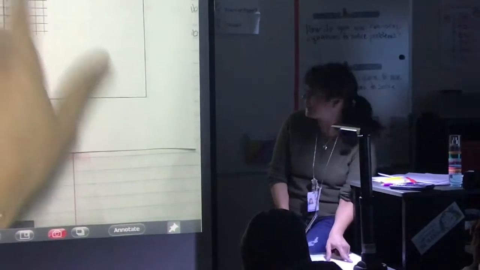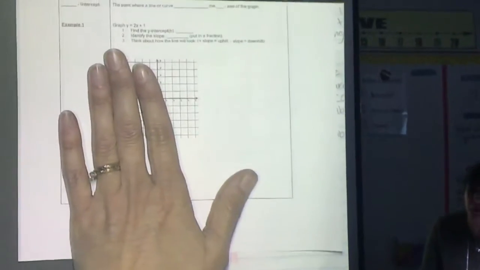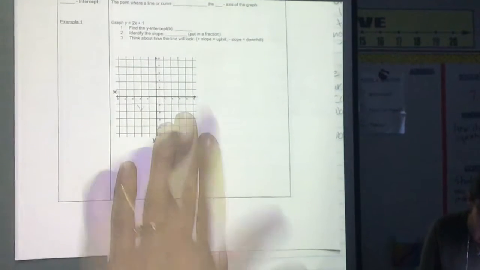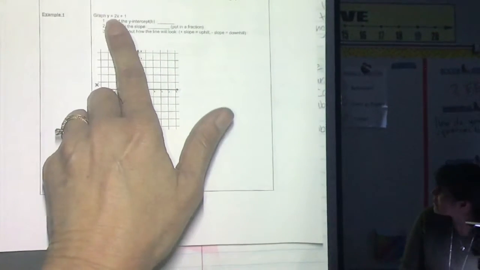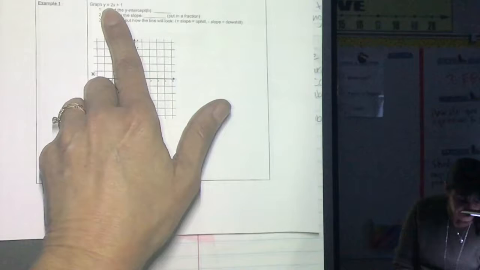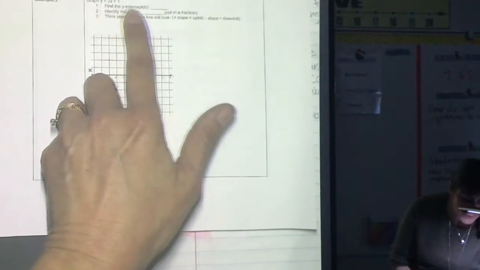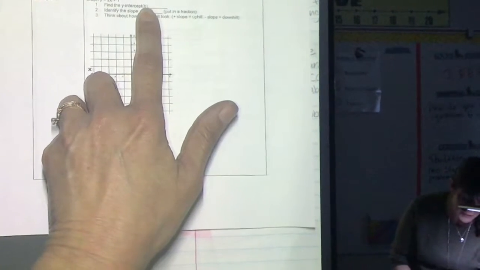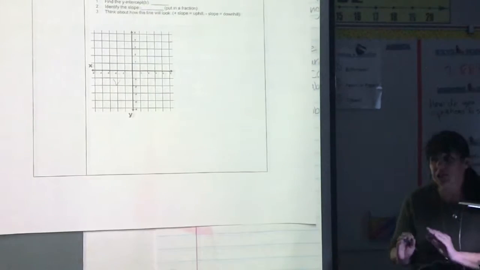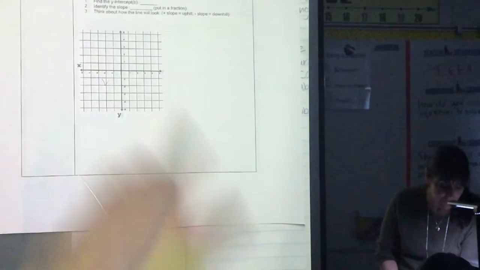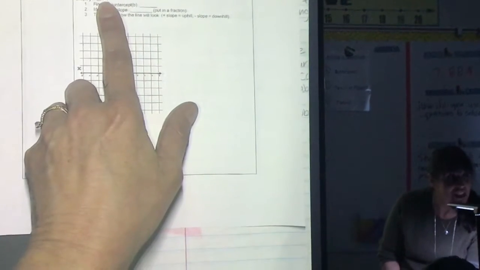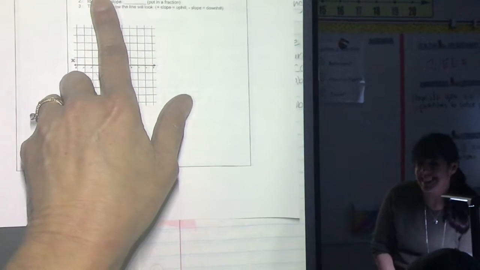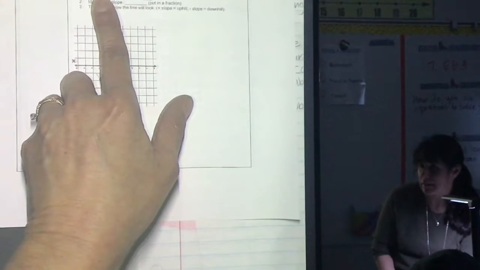So example 1, here's a step-by-step example of how to graph the linear function. First thing, here is our linear equation. And the first thing we need to do is find the y-intercept, okay? The y-intercept is the number that is on the side with the x, but it isn't attached to the x.